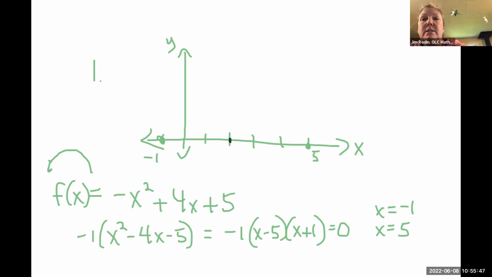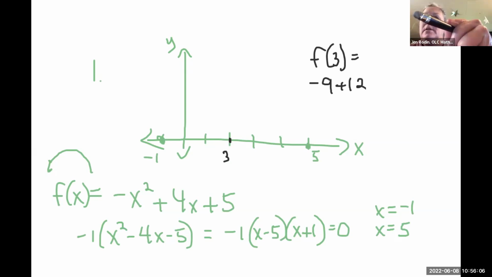So honestly, I don't even really have to find the derivative because I know that it'll be the same on both sides. But just for the sake of the picture, when x equals 3, f of 3 would be -9 plus 12 plus 5.